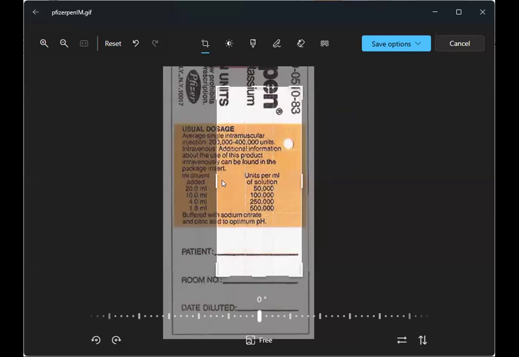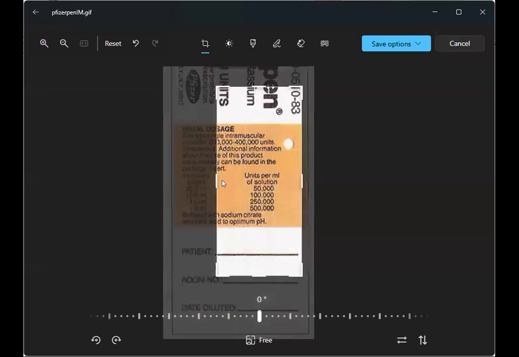So units per milliliter: 50,000 units per milliliter, 100,000 units per milliliter, 250,000 units per milliliter, 500,000 units per milliliter. The tricky part is which concentration do you use? Okay. That is something that I don't have a definitive answer to tell you, which one you would use. It probably just depends on either what's available, how it's mixed, or any number of factors.